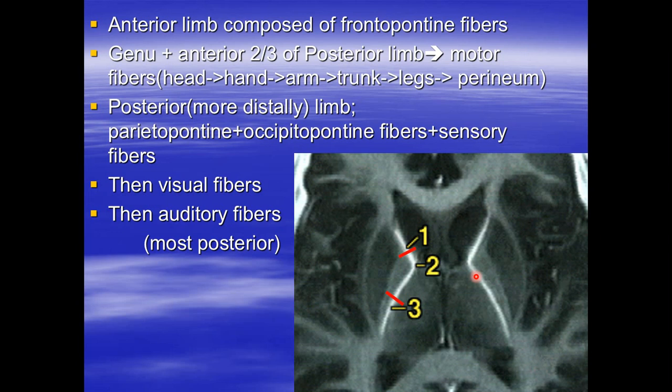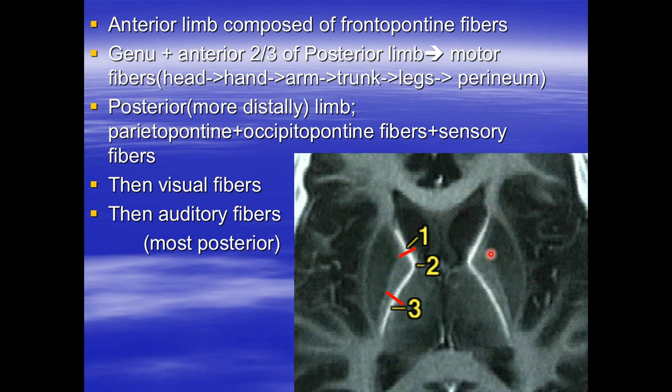So the anterior limb is composed of frontopontine fibers that go from the frontal lobe to the pons, while the genu and the anterior two-thirds of the posterior limb contain motor fibers. In the genu and the anterior two-thirds of the posterior limb, going from anterior to posterior, there are the head, then the hand, then the arm, then the trunk and the legs and the perineum, and so on.